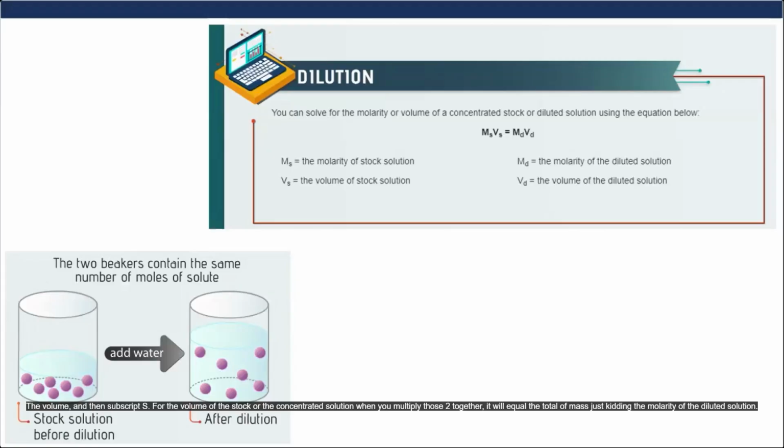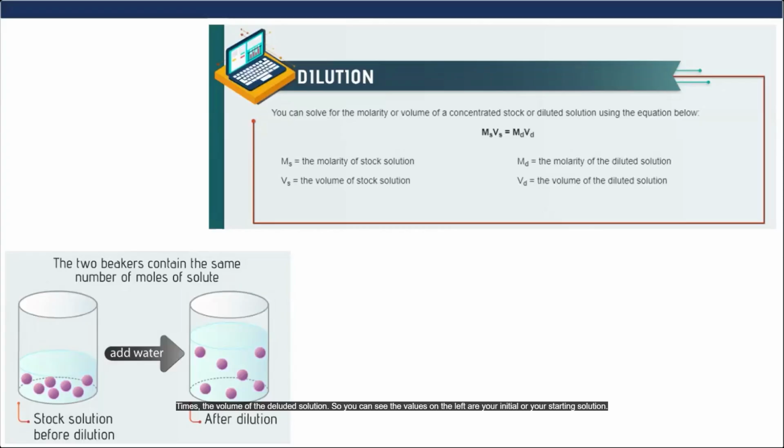V, volume, and then subscript S for the volume of the stock or the concentrated solution. When you multiply those two together, it will equal the molarity of the diluted solution times the volume of the diluted solution.